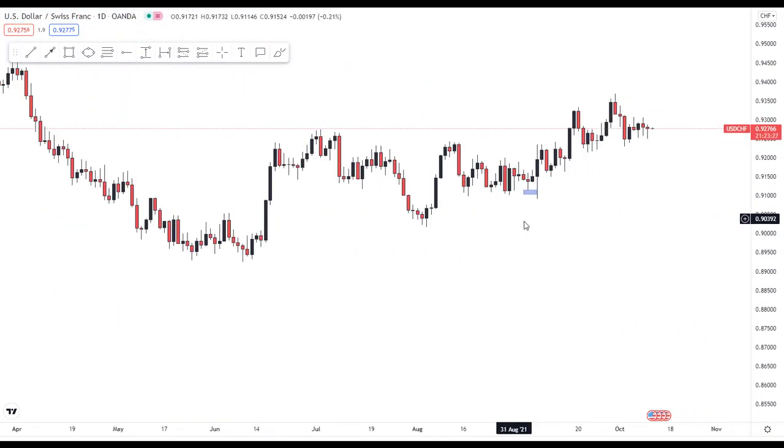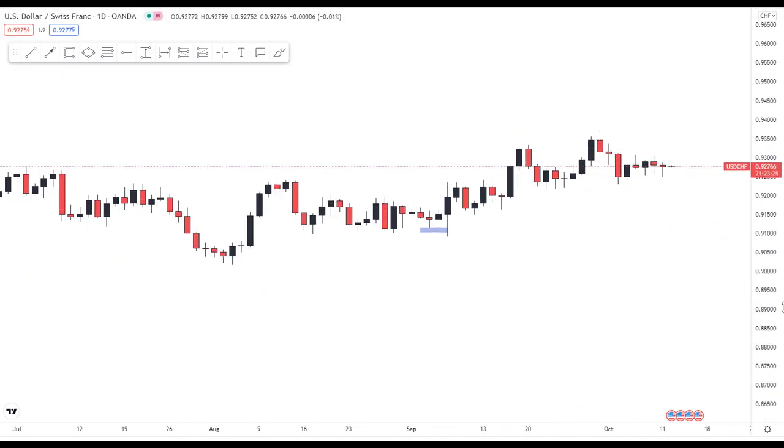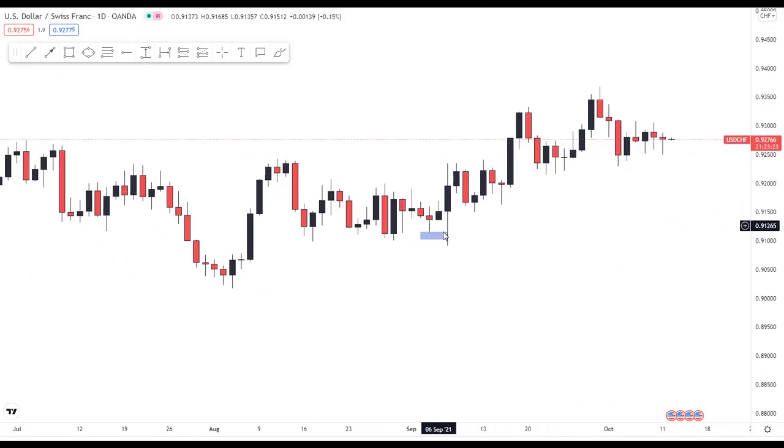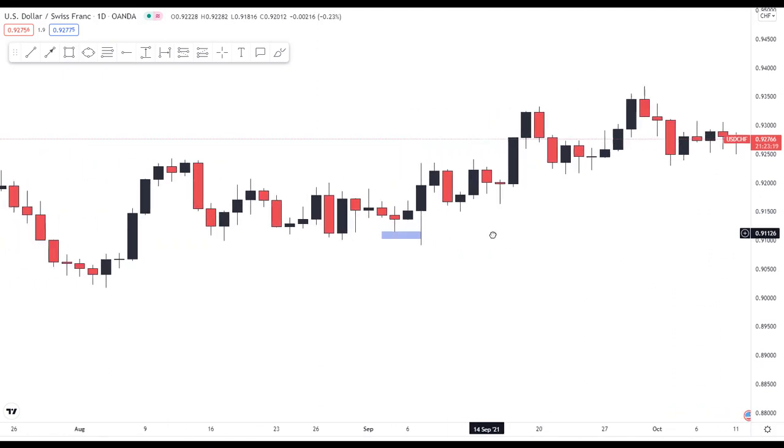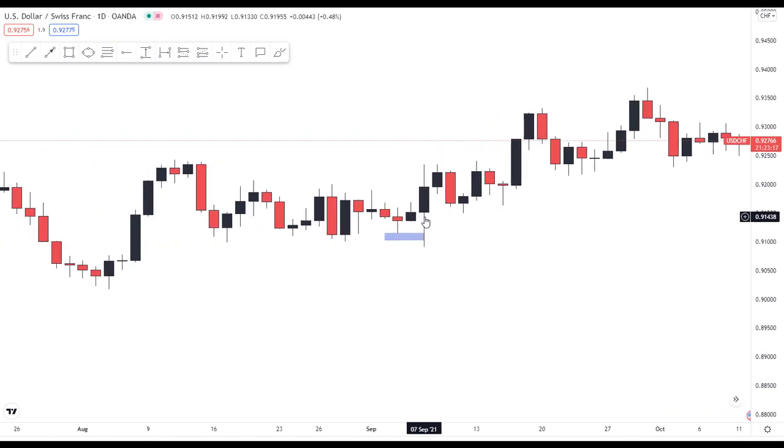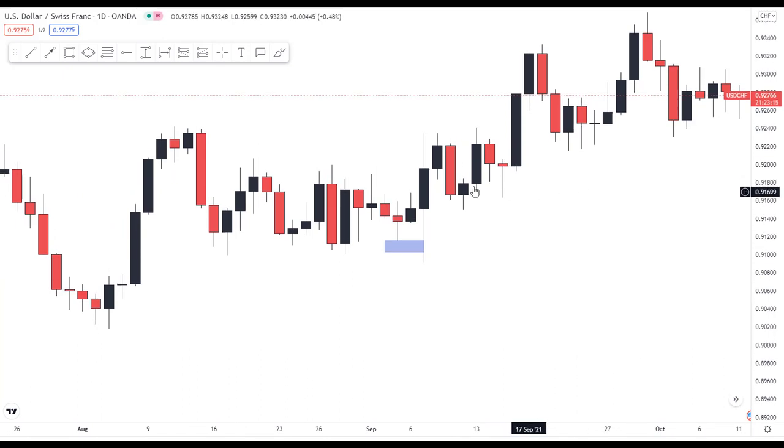So right here, as you can see, at the start of D4, this would be our T1, or you could use this. So we're going to be using this as T1.